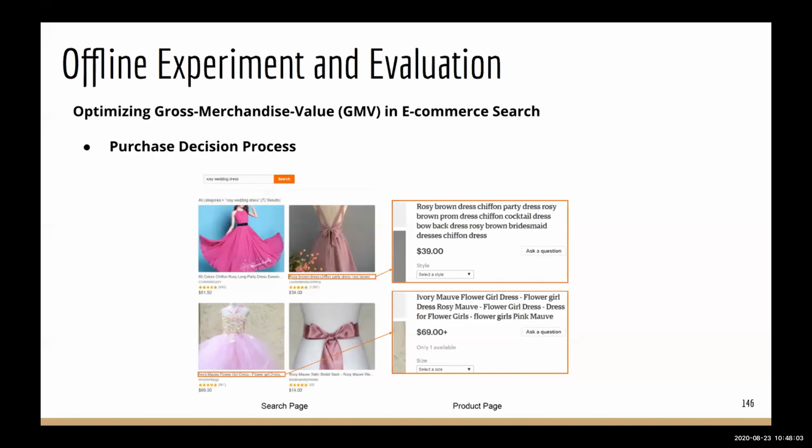Then they jump to the detail page, the product page. From that product page, they make a decision: okay, this sounds like what I'd like to buy. So this is the bare bones of the purchase decision process. This is definitely very simplified, but this is basically what's going on.